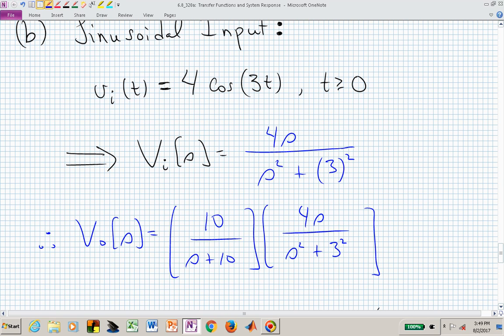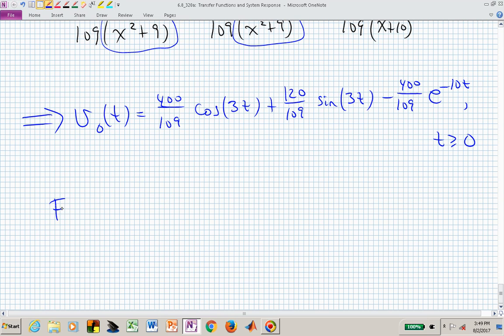Well, hopefully, as you march off to infinity, you can see that we have a sinusoid that's driving this linear system. It's just going to continue to oscillate at the frequency that we're shaking it at, which is a frequency of 3 radians per second. So we aren't going to actually reach a final value. In this particular case, the final value theorem does not apply.